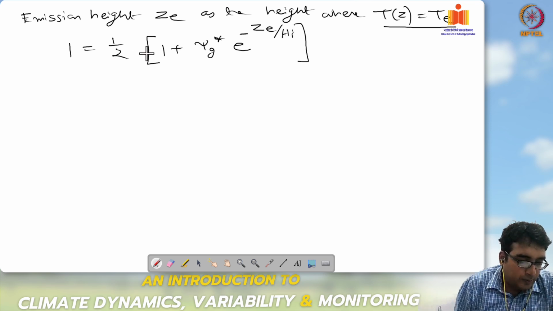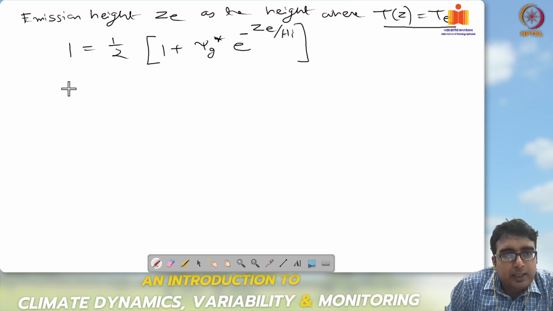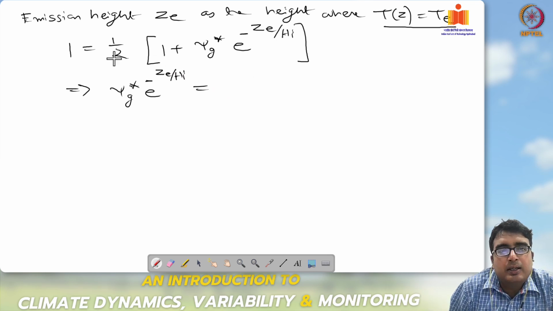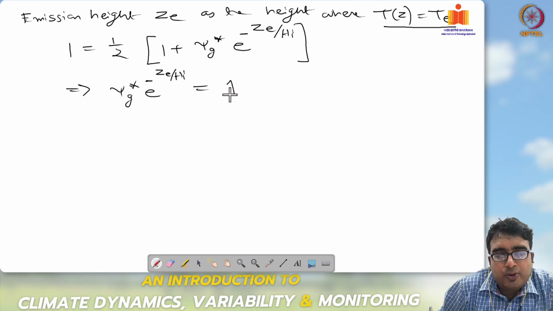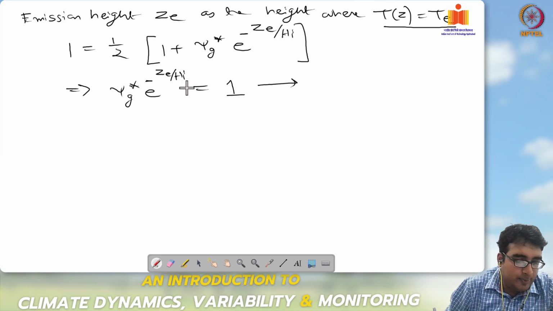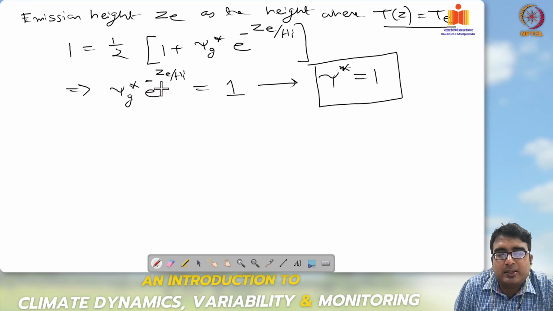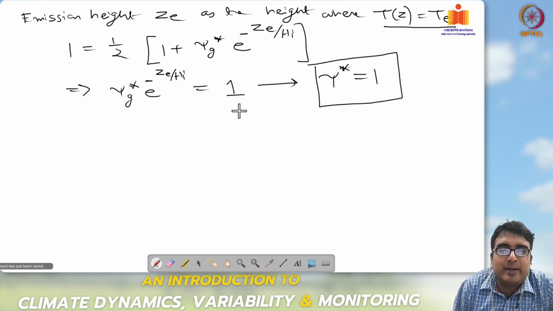This is the expression. This implies tau g star exponential minus ze by hi equals 2 minus 1, so equals 1. So the first point is that this expression is basically tau star. This implies tau star equals 1. Correct, because tau star is tau g star e to the power minus ze by hi.